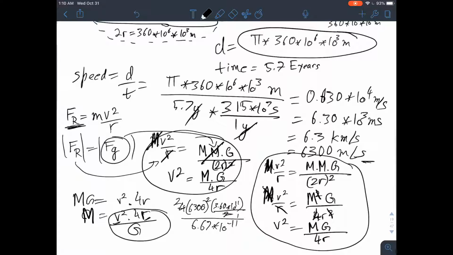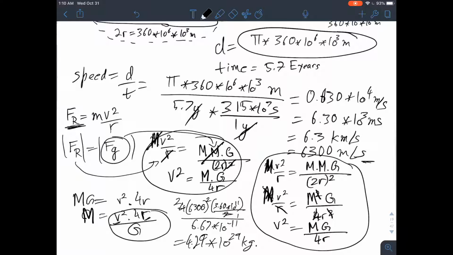You solve for the whole thing and you end up with 4.29 times 10 to the 29 kilograms, because mass is in kilograms, and if you kept track of all the units, you better end up with kilograms, otherwise we did something horribly wrong here.